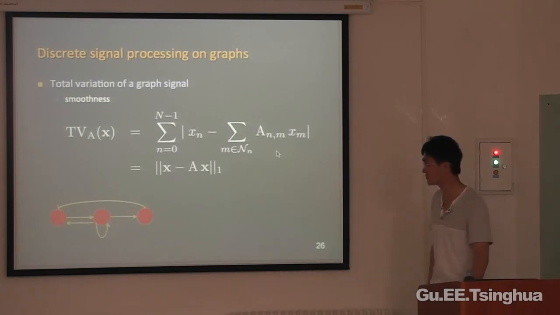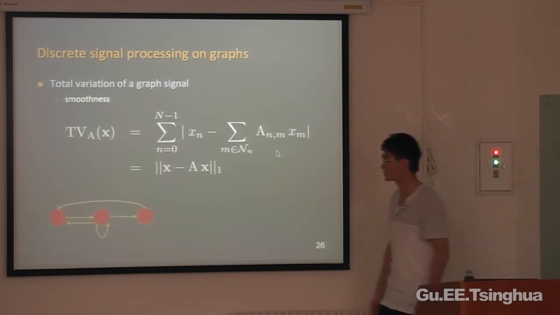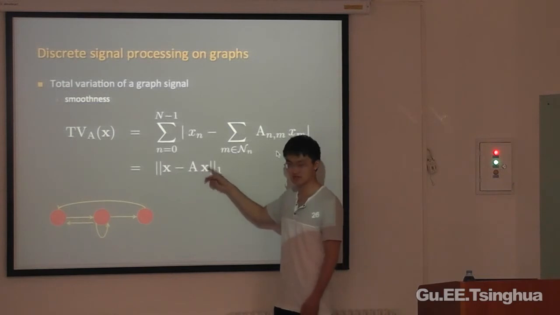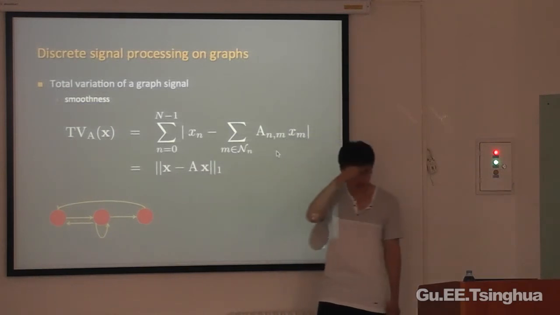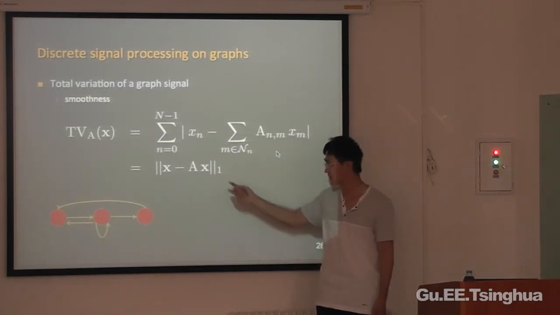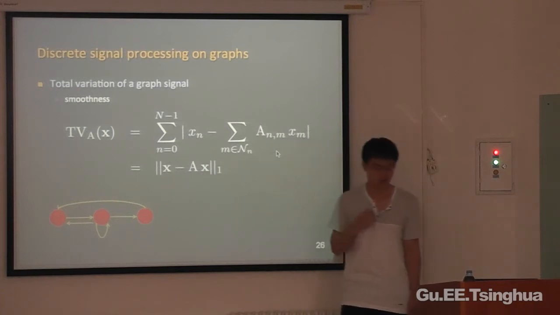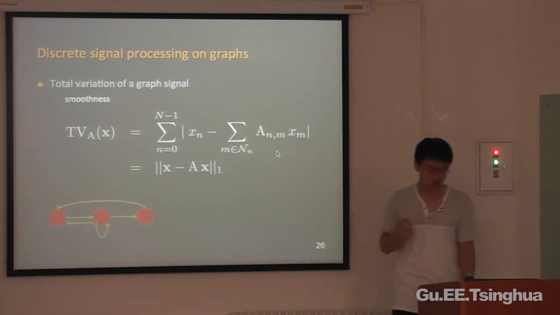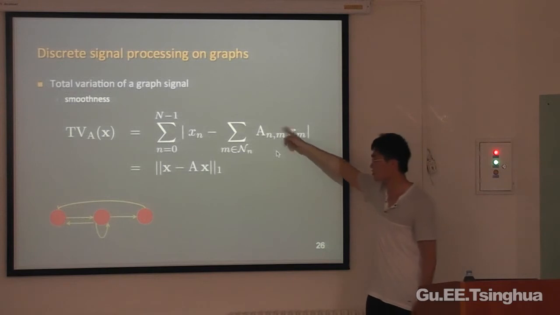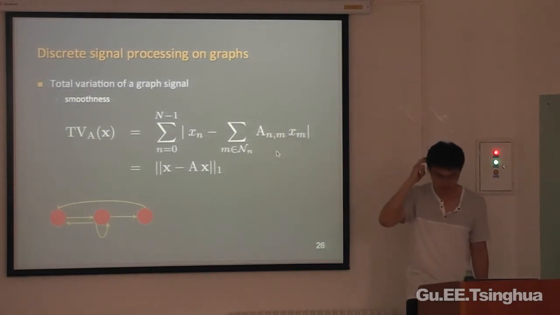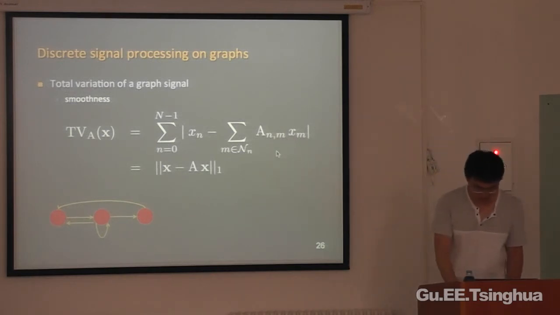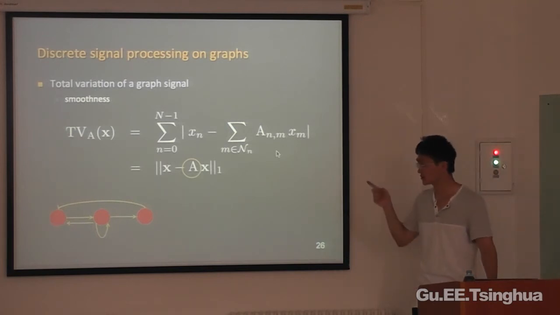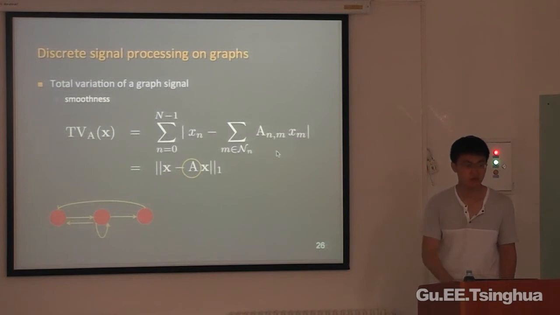Still I can represent it in vector matrix form. Ax is a shifted version, but this shift is more complex. We can still specify this A to be the cyclic permutation matrix C, and then you go back to the previous definition. And notice here, for this A, we should normalize its largest eigenvalue to be 1.